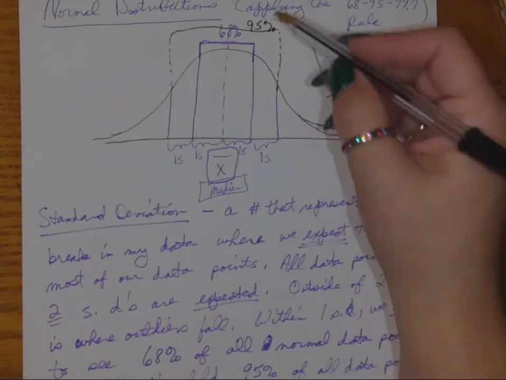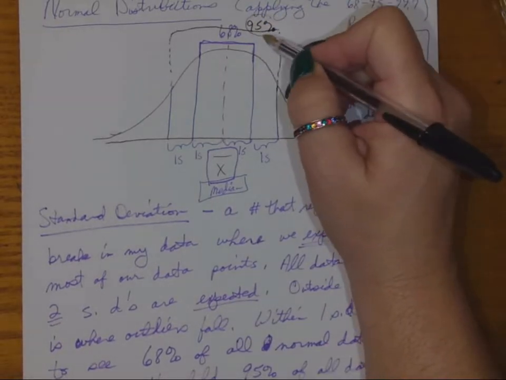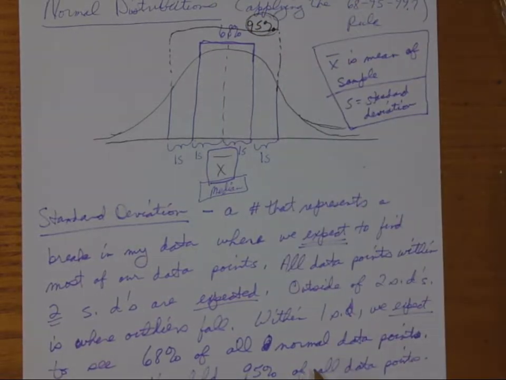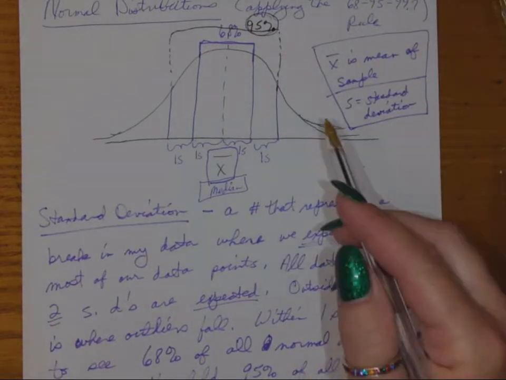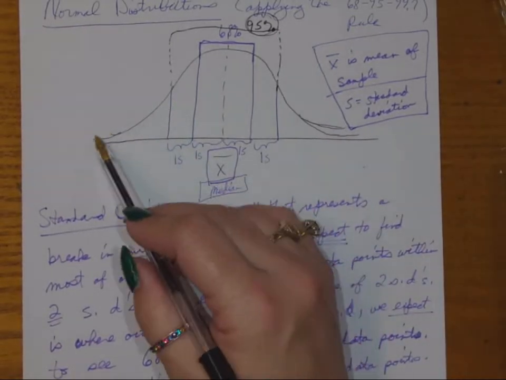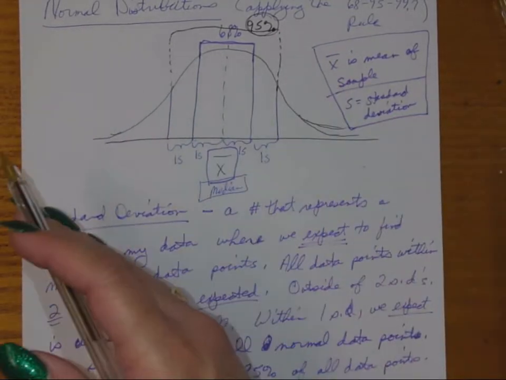So everything in the central 95% of my data, those guys are expected values. It's these that are way out here on the tails that might be trying to pull my data one direction or the other, right?